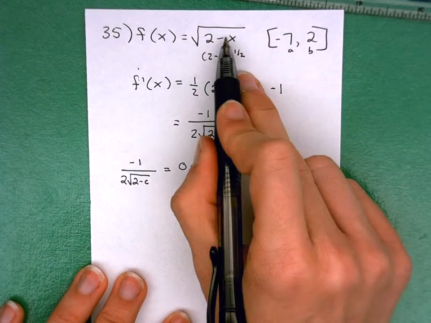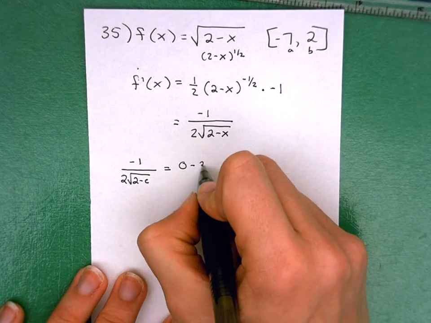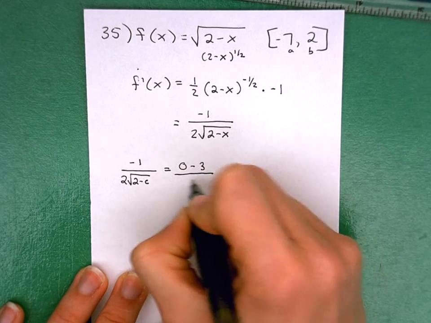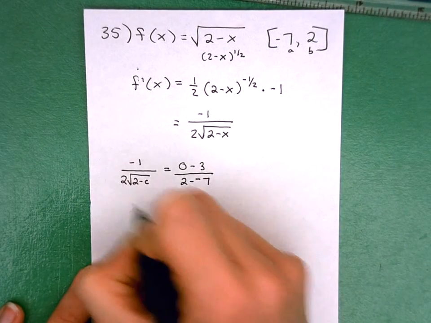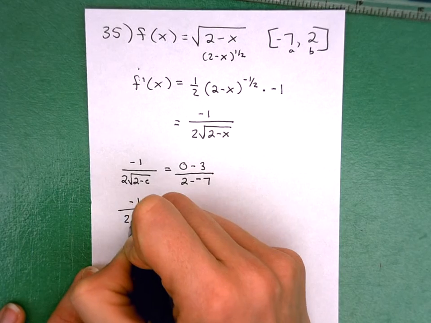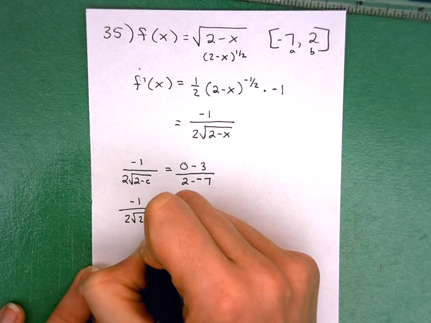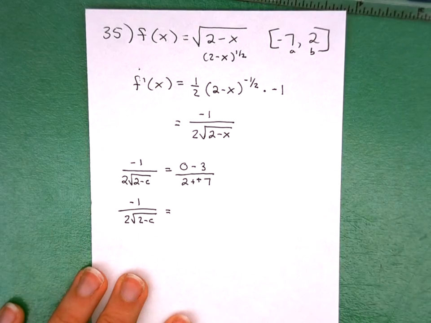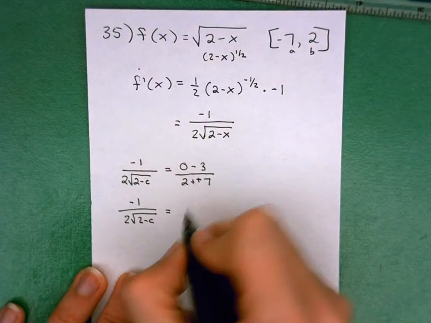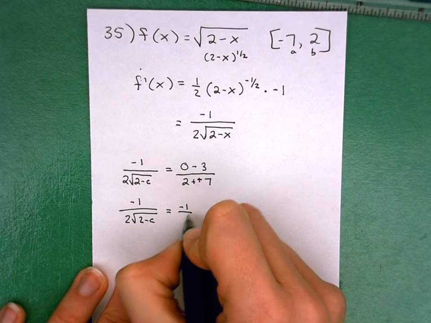When I plug in -7, I get 3, all over b minus a, which is -1 over 2 root 2 minus c, which equals -3 over 2 plus 7, which is 9, and that's -1/3.